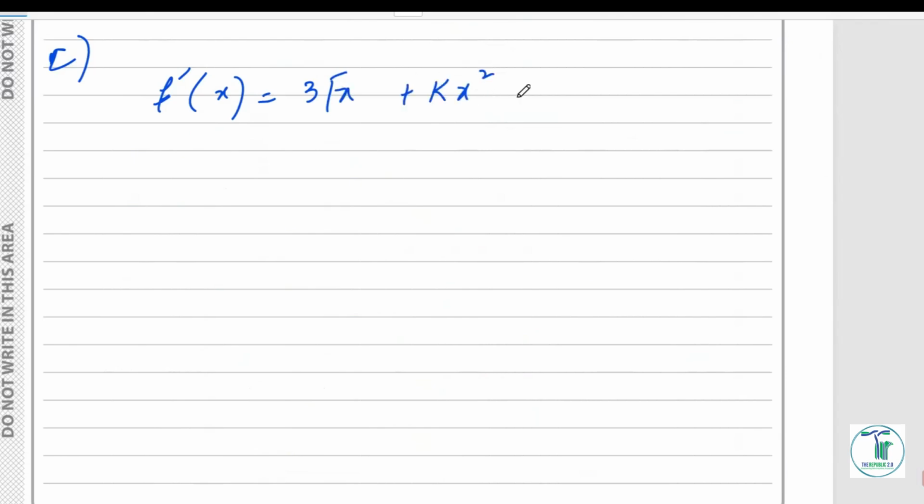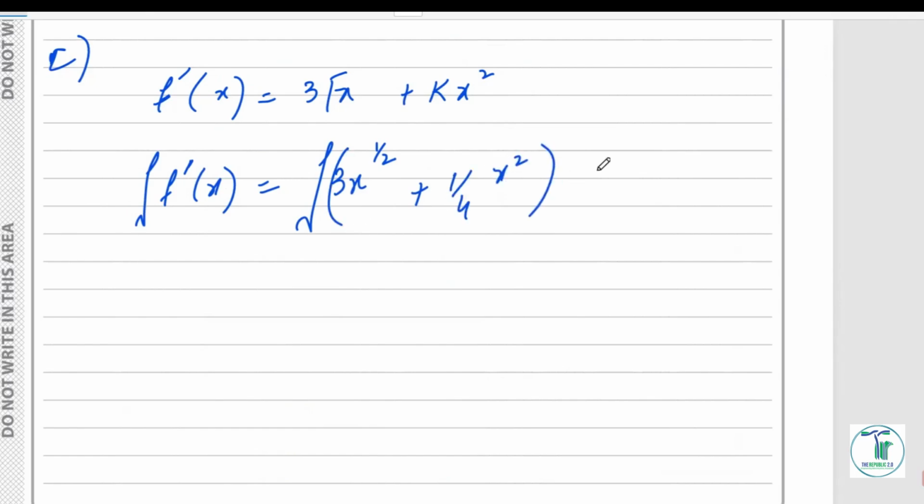If we have got this expression, we just need to integrate it on both the sides. So f dash x, and over here, 3x to the power of 1 by 2 plus the value of k was 1 by 4 x square times dx.